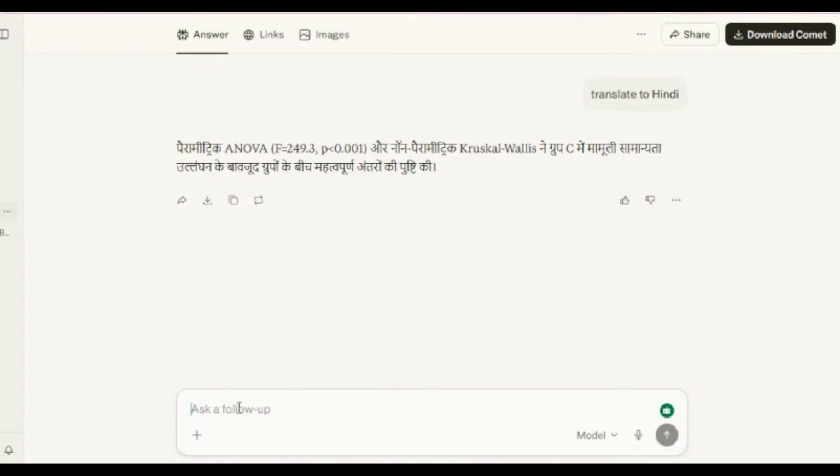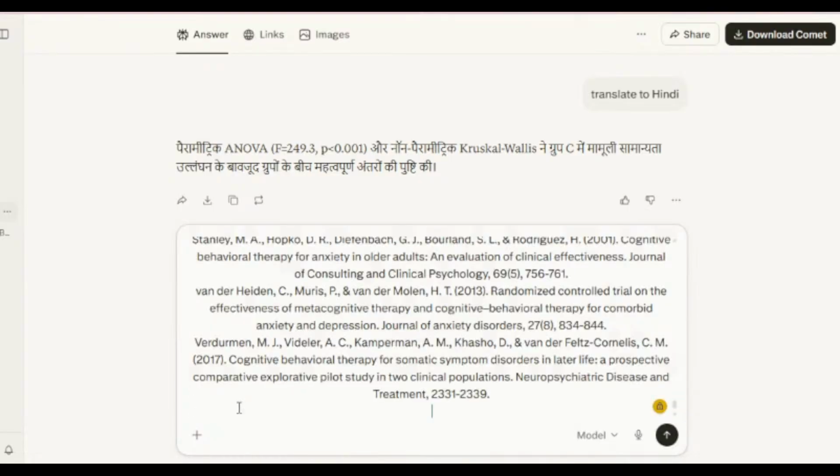Go to the software and paste. Can I publish this article in Frontiers in Psychology? Okay, suggest me the corrections.